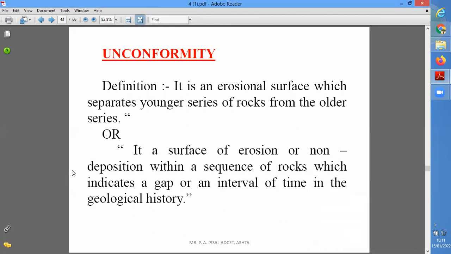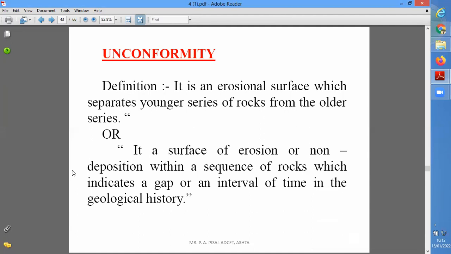Okay. So we will start with the definition. It is an erosional surface which separates younger series of rocks from the older series. This is the simple and exact definition of the unconformity.